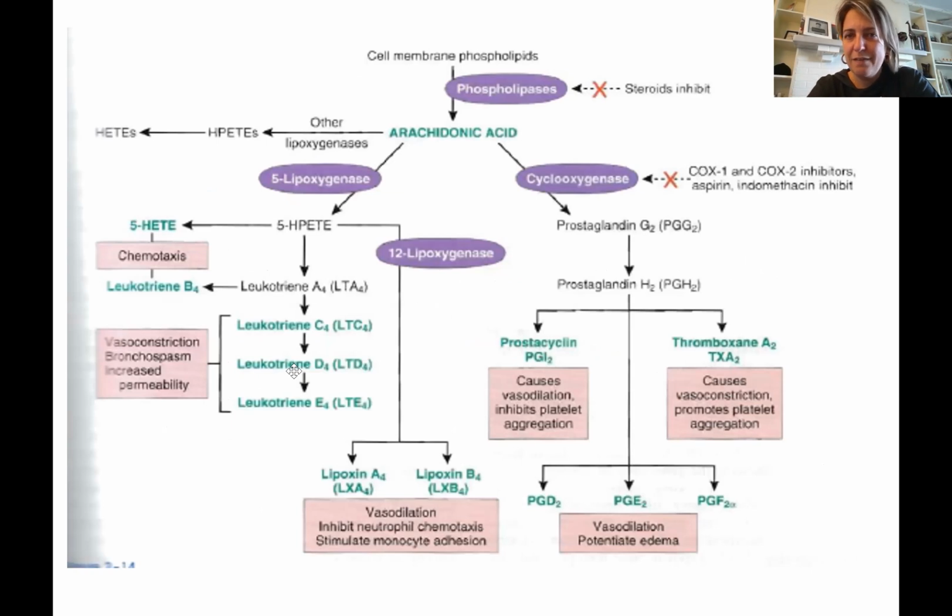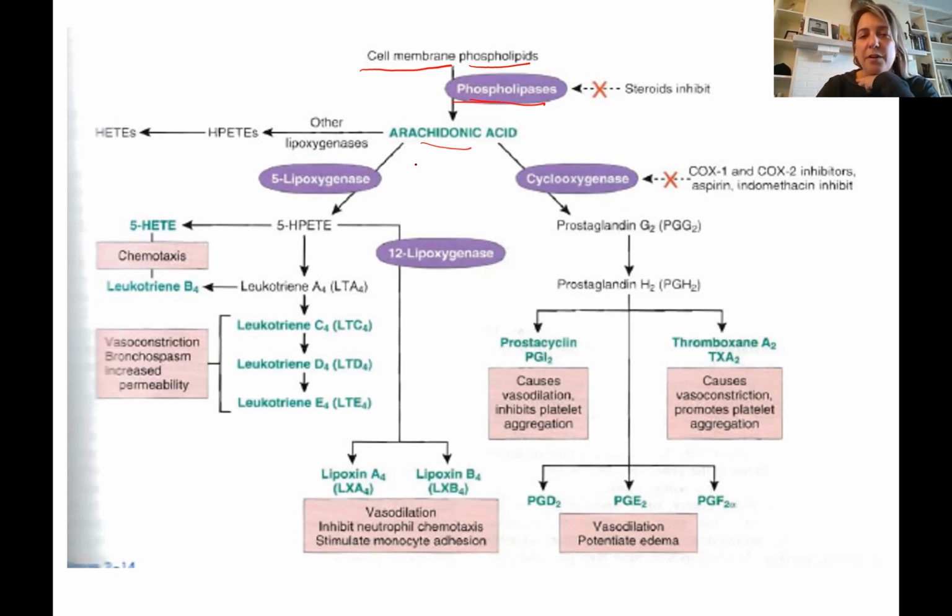So this is the inflammatory cascade that we have. The cell membranes are going to have phospholipids, and remember what we talked about in the immune response lectures, how the membranes, when they get broken, become activated, and in the presence of the enzyme called phospholipase, arachidonic acid is going to be formed.